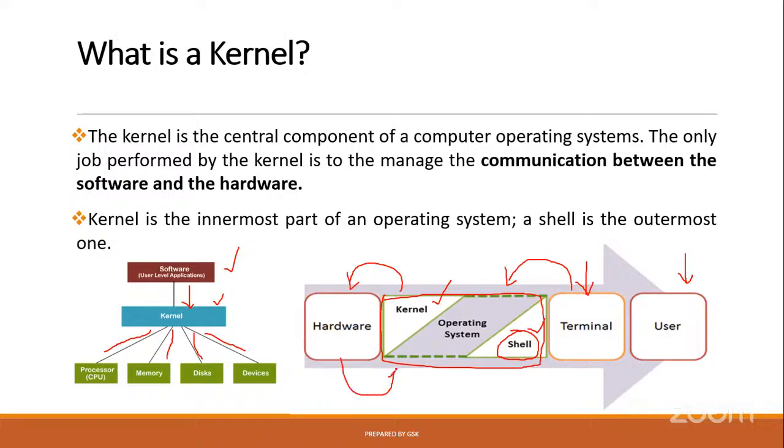After that, the kernel gives the information to the terminal, with which you are working as a user. With the help of this terminal, you can do your work. So this is the sequence of these steps, where the kernel is, and what the responsibility of the kernel is.